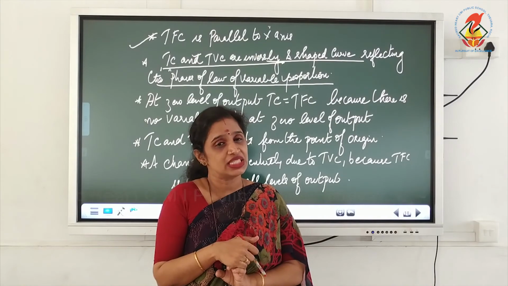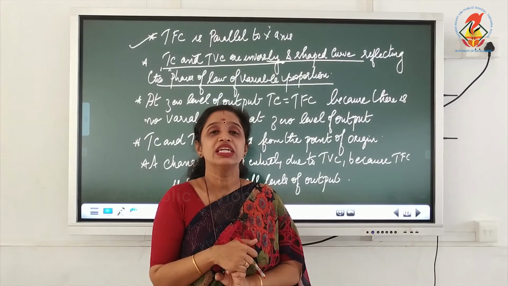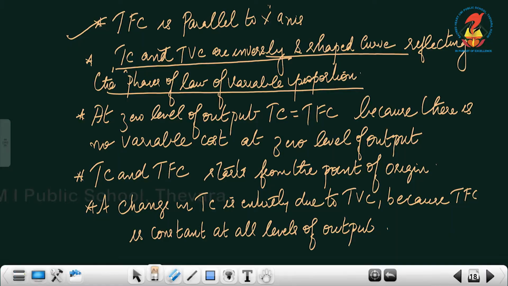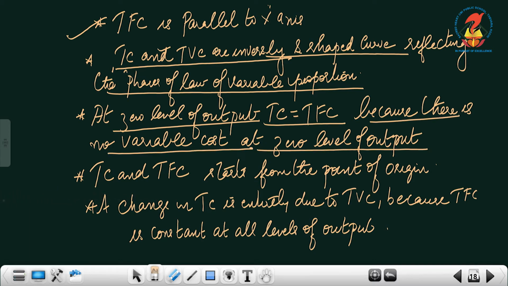Next is at 0 level of output, TC is equal to TFC because there is no variable cost at 0 level of output. Once again, at 0 level of output, these two are equal. Which two? TFC and TC are equal because there is no variable cost at 0 level of output.